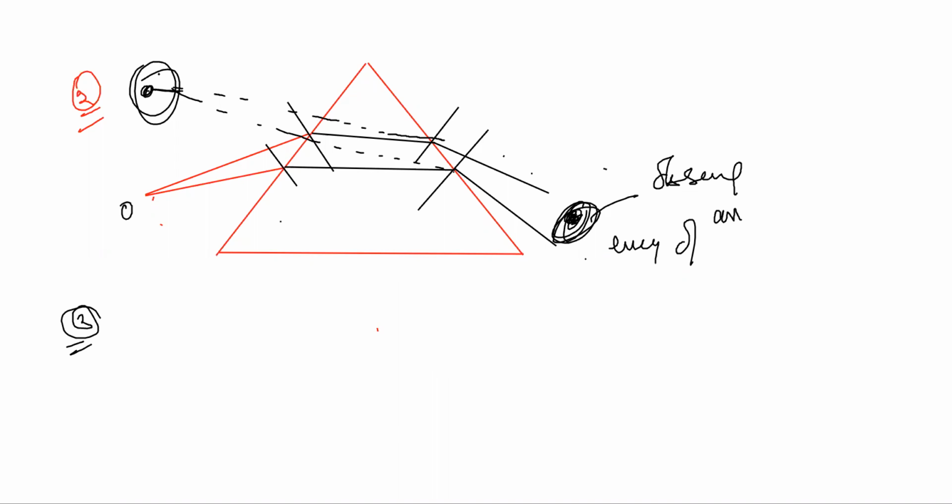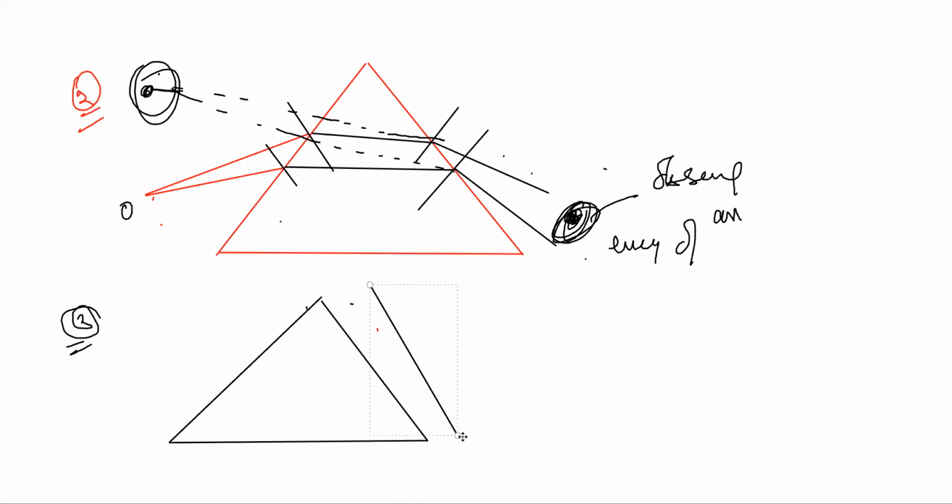I've got one prism like this, and the other prism like this. So these two are parallel. Okay. Fine.